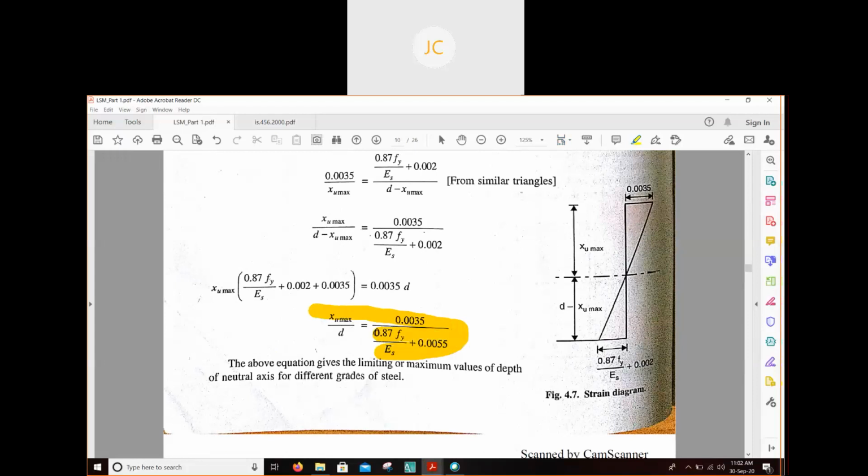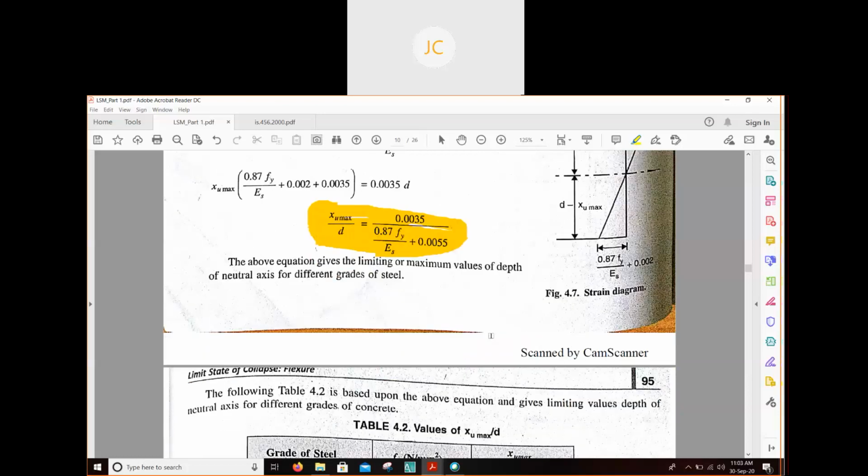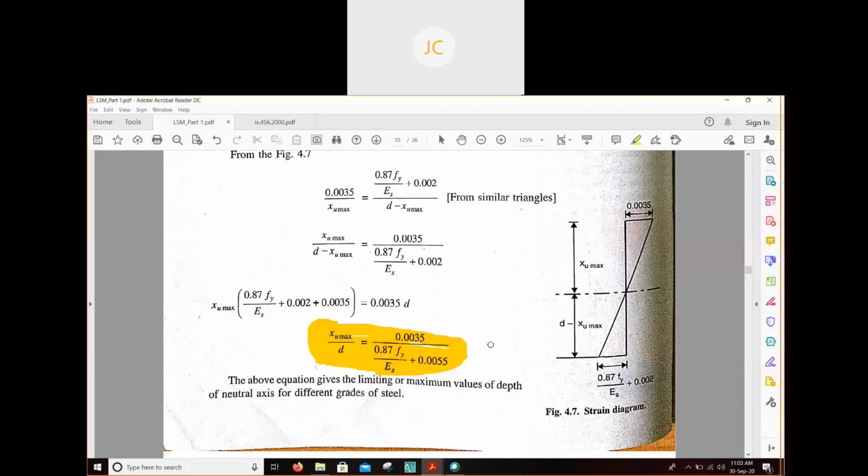All of you must remember this formula to find out the value of maximum depth of neutral axis. This is the formula to find out limiting value or maximum value of depth of neutral axis. This formula all of you must remember because this formula is not given in IS 456.